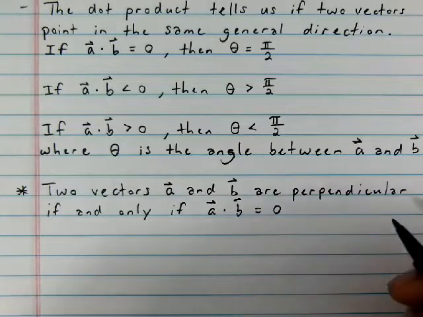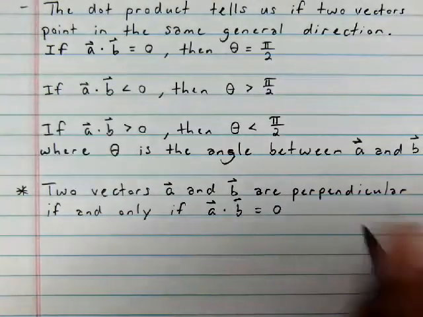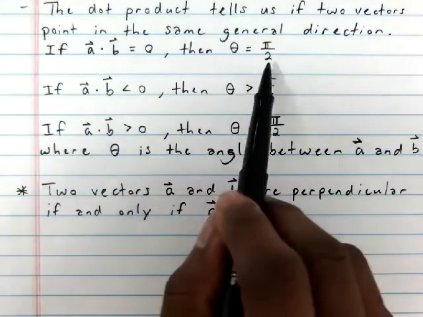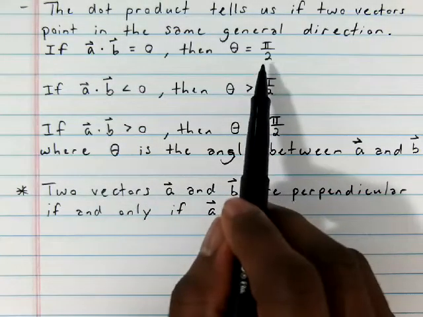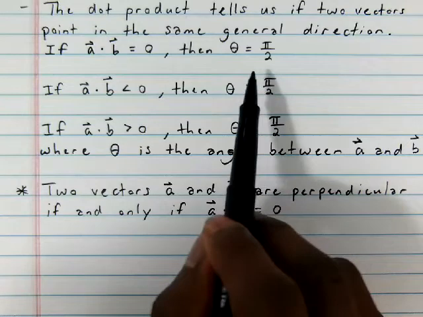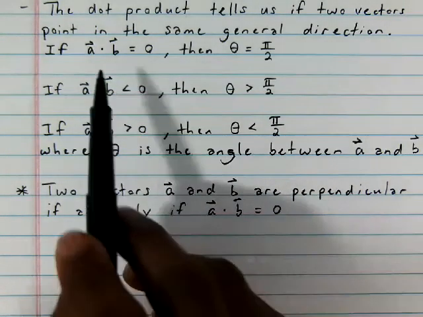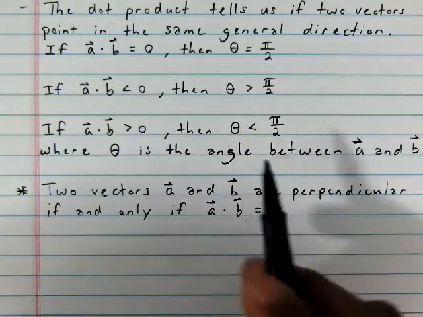So if the dot product is equal to 0, then the angle between the two vectors is 90 degrees, so they're perpendicular. But if they are perpendicular as well, so if you know that the angle between them is 90 degrees, then you also know that their dot product is 0 immediately.